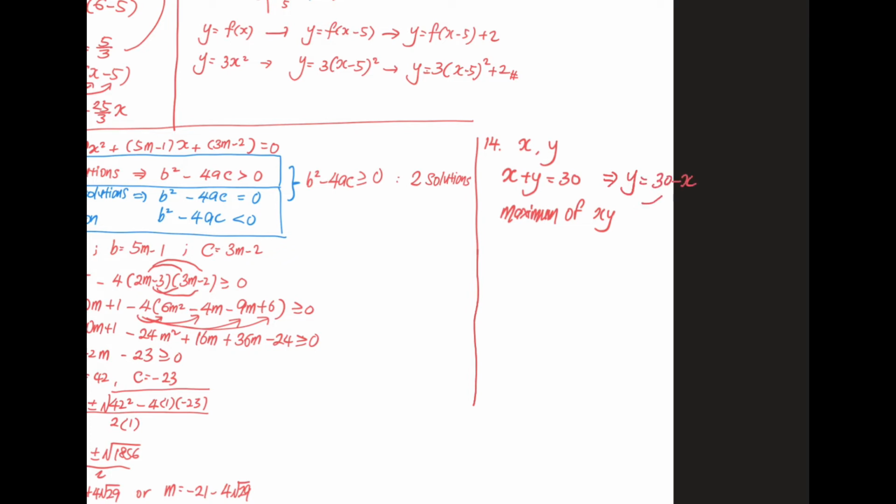We change it to y equal to 30 minus x, and then we substitute into this one. So xy is equal to x times 30 minus x, which is actually a quadratic: 30x minus x squared.